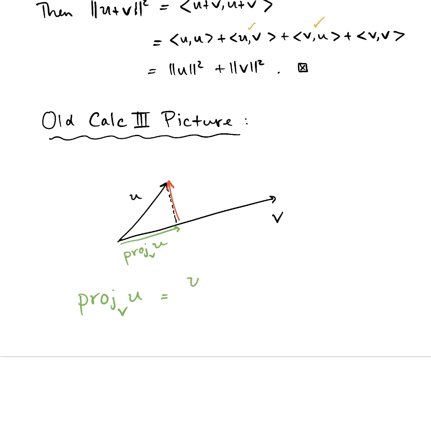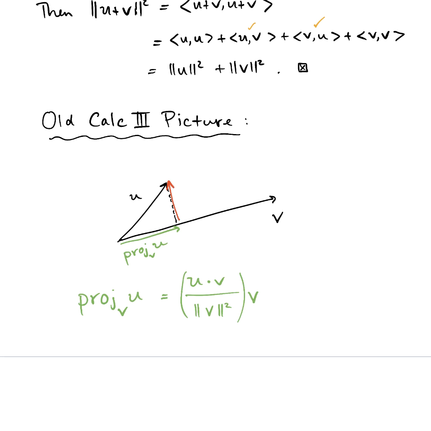It turned out to be u dot v over magnitude v squared. So in the parentheses there, that's just a number. That's a scalar. All times vector v. That was the old picture back in Calc 3.